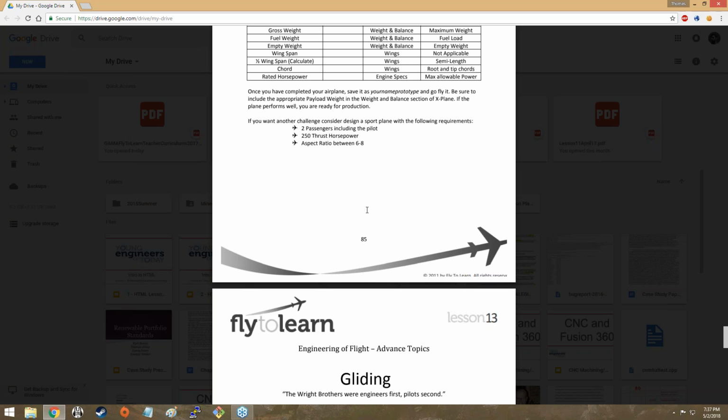You want to have 250 thrust horsepower and an aspect ratio between 6 and 8. Using these things, you want to design an airplane that's flyable and neat, but that conforms to these specs. So it'll require a little bit of review. We can just go through and review it real quick and get that all done, and then I can cut you guys loose so that you can design this airplane.